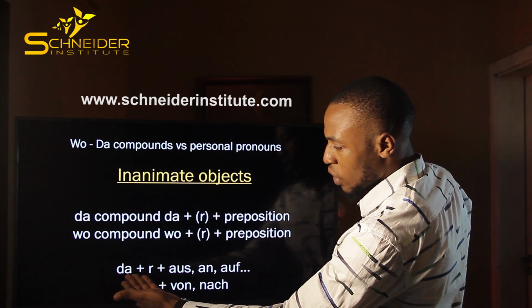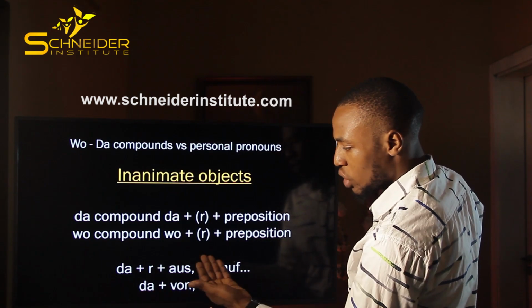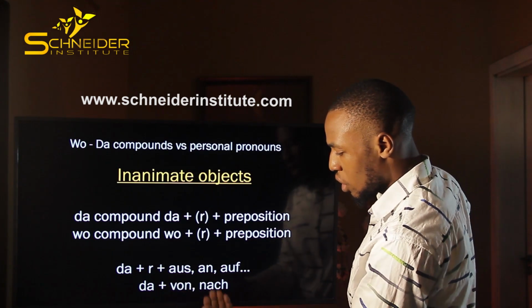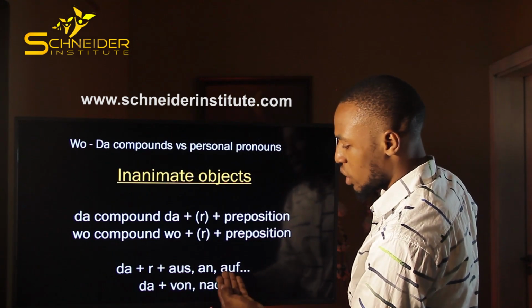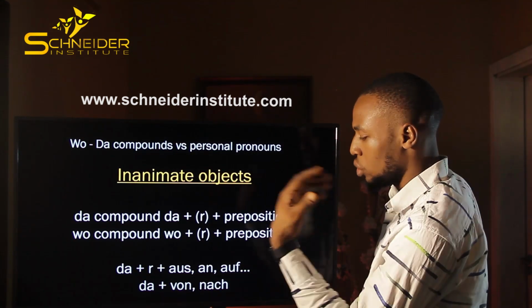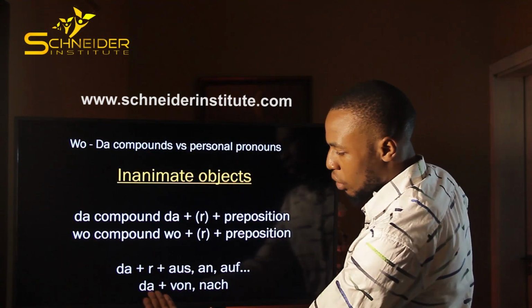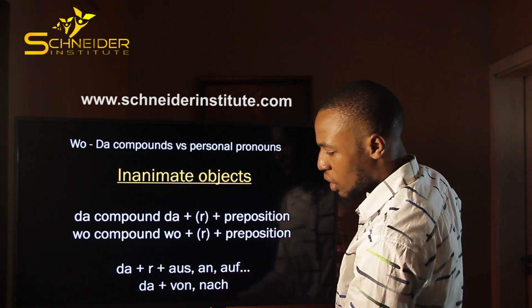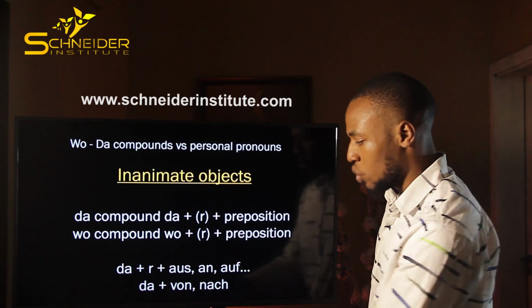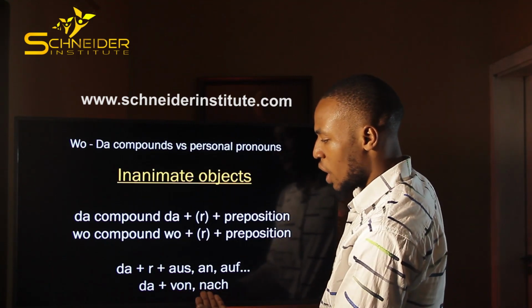So here we have da plus R plus prepositions that start with a vowel. You can see here A, A, and A. There are other examples as well, über and so on. Now here we have da and then the preposition that starts with the consonant, which is V here and N.